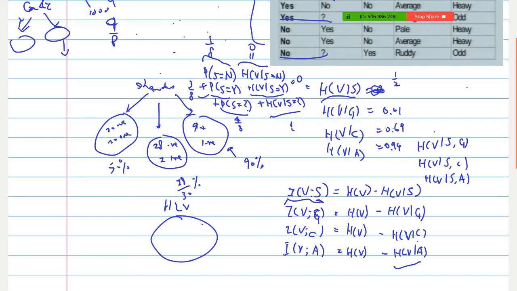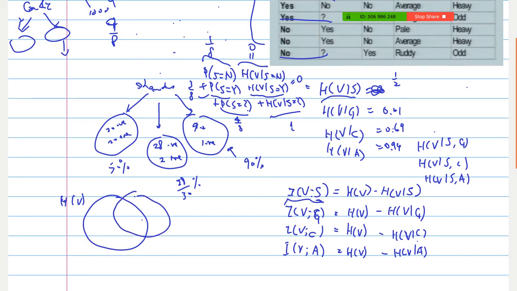Basically, maybe I can draw it like that. You have H(V), and H(V) is fixed here. So you have different cases. For example, this one is I(V;S), and maybe the other one is I(V;G).